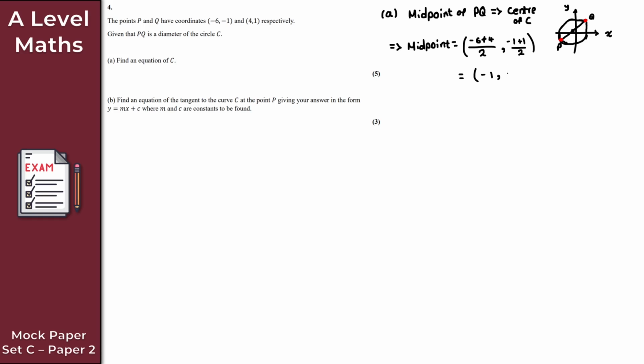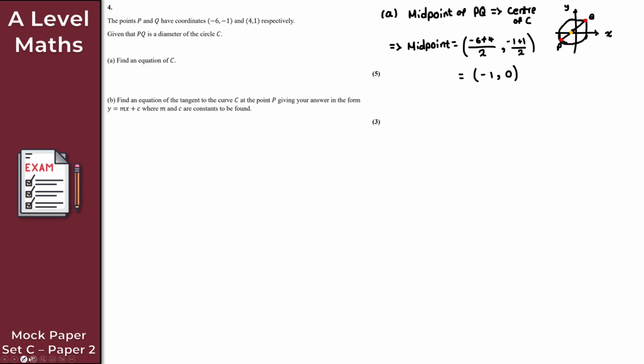I get 0 over 2, which just gives us 0. Okay, so the midpoint here actually is there. So I'll do that in a different color. Let's just do it in orange here. So that would be, say, there, right? So that's -1, 0. As you can see, my diagram isn't perfect, but it looks close enough. So that there is -1, 0.